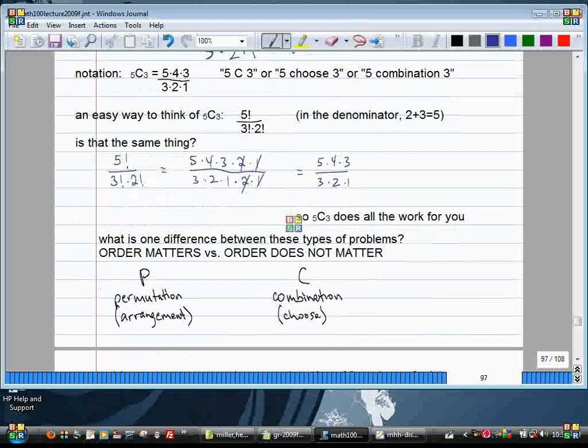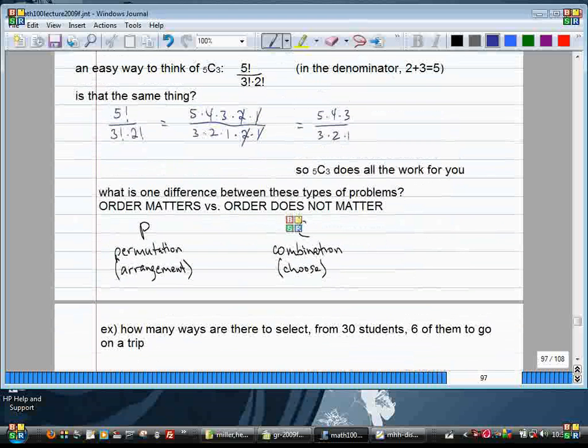So let's put this in practice. How many ways are there to select from 30 students, 6 of them to go on a trip? Okay.